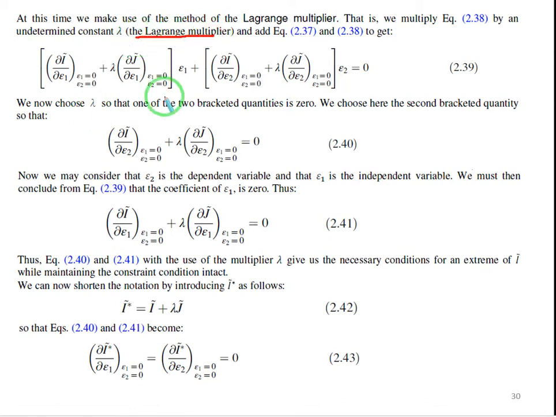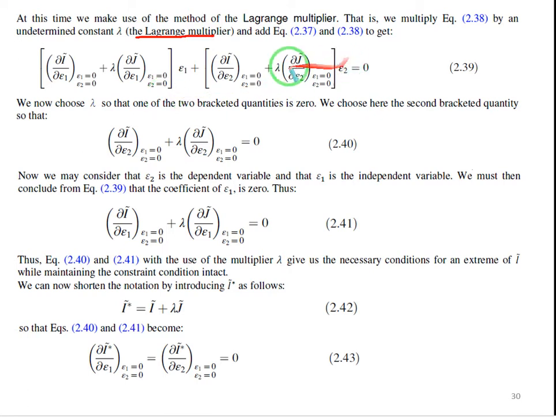We know that epsilon 1 is an independent variable, but epsilon 2 is not an independent variable, and the value of epsilon 2 is changing by the value of epsilon 1.